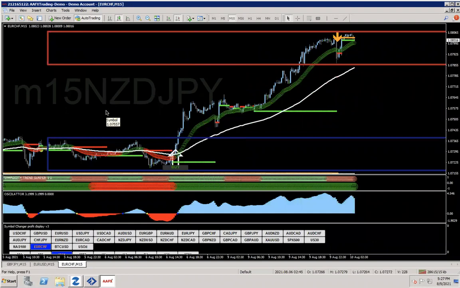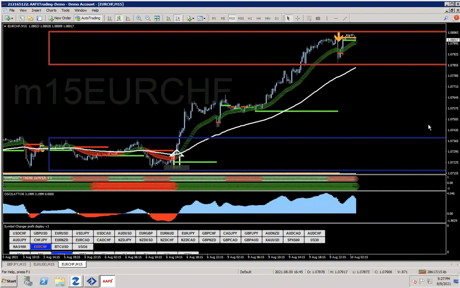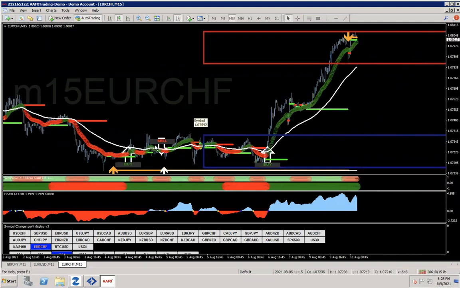All right, great. This is Euro Swiss. This happened today, and there's something I want to share with you guys about this as well. We see the arrow. First of all, this is the original arrow that came in.